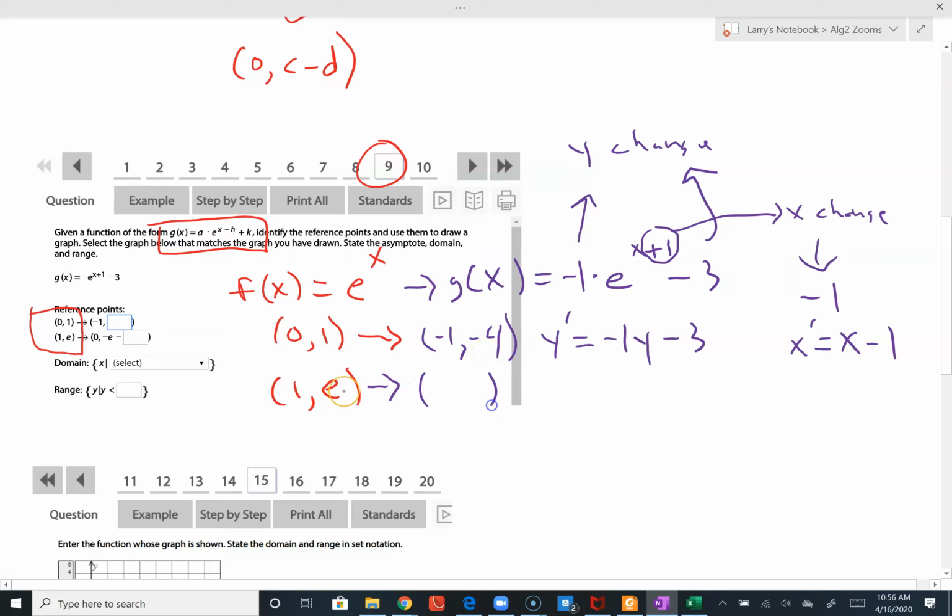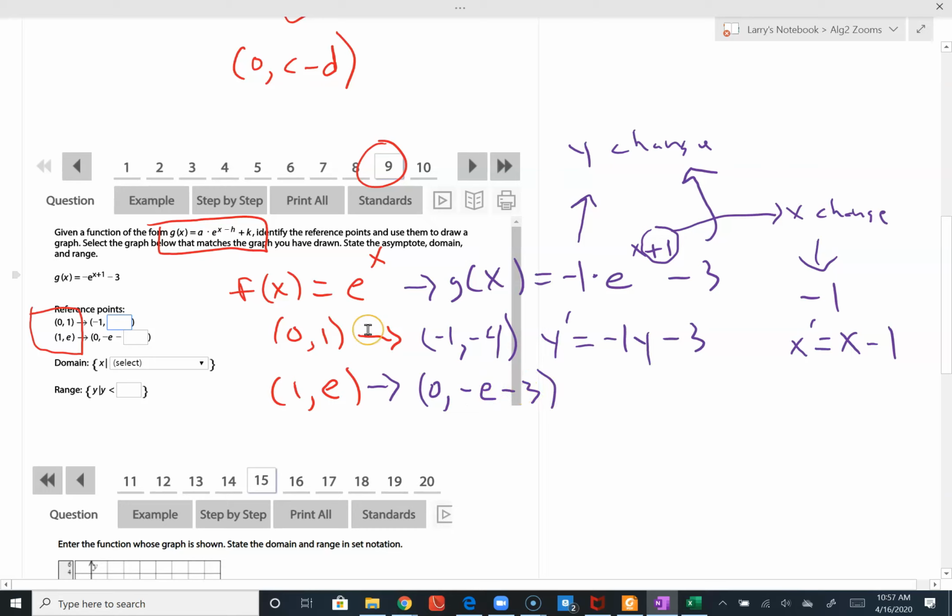This new point: 1 minus 1 is 0. The y change, we multiply by negative 1, so that would be negative e minus 3. You could use a calculator to estimate those. Negative e minus 3 is going to be negative 5 point something.